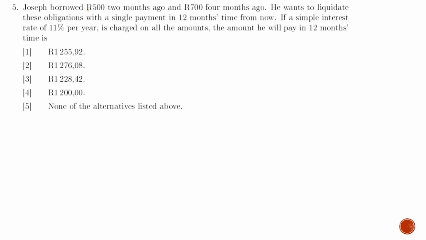Joseph borrowed 500 2 months ago. This is time value of money. 2 months ago, and 700 4 months ago. This suggests that we are sitting somewhere in the now, in the present. You are here in the now. Position yourself accordingly.